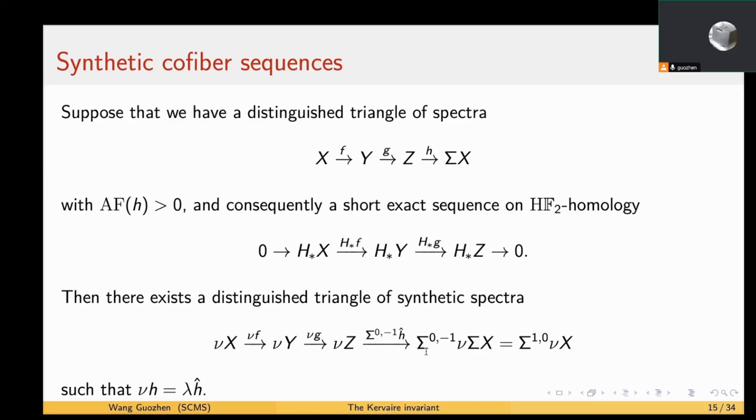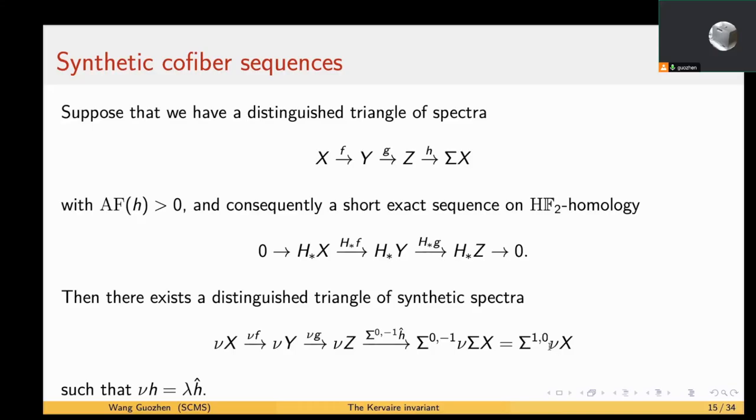But suppose we have the Adams filtration of h greater than 0, and consequently we have a short exact sequence of HF2 homology. Then we can construct a distinguished triangle of synthetic spectra from nu X to nu Y to nu Z, and then to suspension 1,0 of nu X.